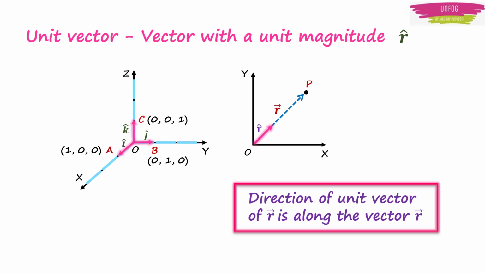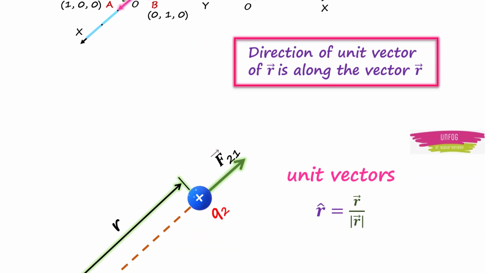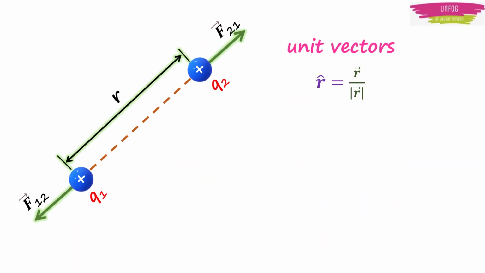And this is also equal to the ratio of the vector r and its magnitude. From now onwards, for the rest of this lecture, we will consider two like charges which have repulsive force between them.